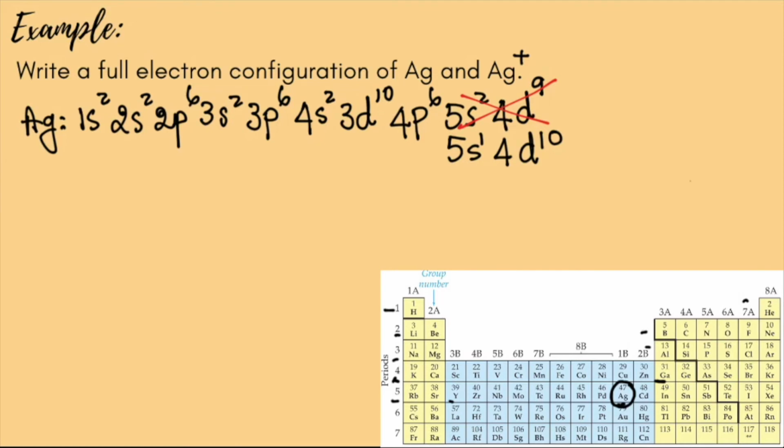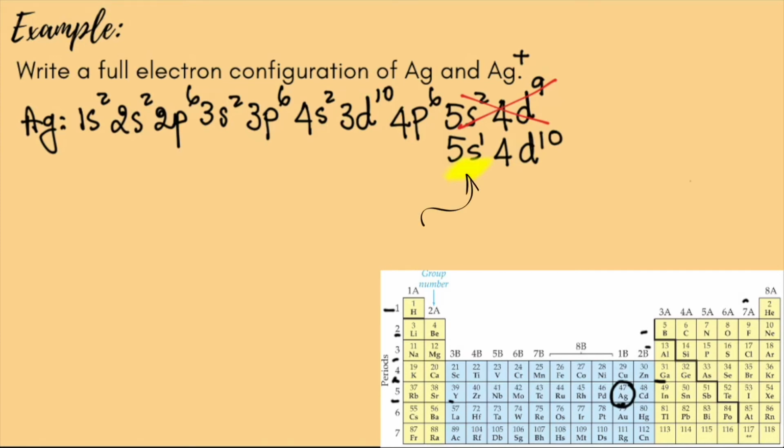How about silver ion? For silver ion, we know we have to lose one electron because it has a plus charge. In this case, we have to lose from the highest energy level possible. So the highest energy is the 5s1.